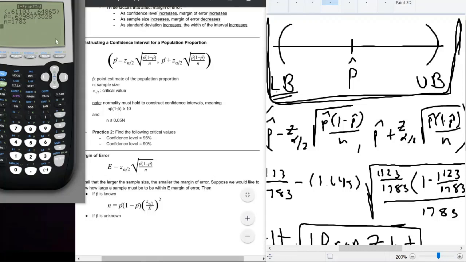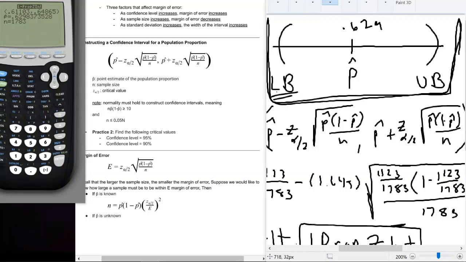So the calculator right below gives you what p hat is equal to, what you entered. So p hat is 0.629. But again, can p hat change based on the sample? It can. Okay, it could have been 0.39. It could have changed if we took a different sample.